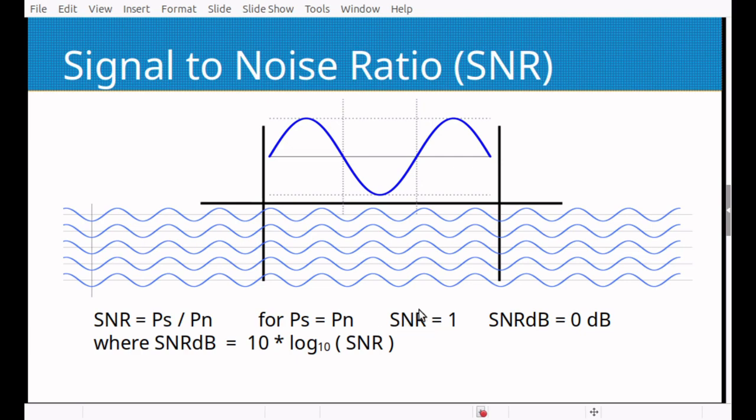But signal-to-noise ratio is usually quoted in decibels, where the signal-to-noise ratio in decibels is equal to 10 times the log to the base 10 of SNR. So in our example, where the signal power and the noise power are identical, we'd have an SNR of 0 dB, because the log to the base 10 of 1 is 0, and 0 times 10 is still 0.